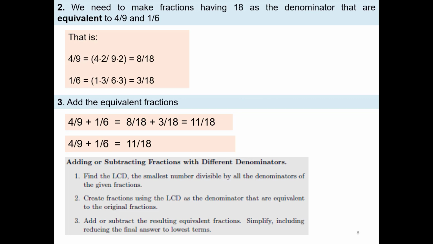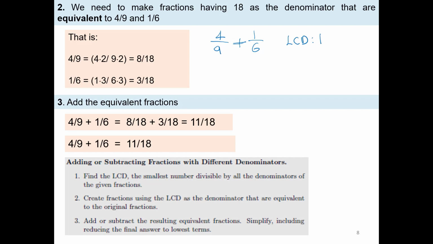If we want to add these two fractions, 4 over 9 plus 1 over 6, this is what we want to add. We need to find equivalent fractions, and to do that we will use the LCD.